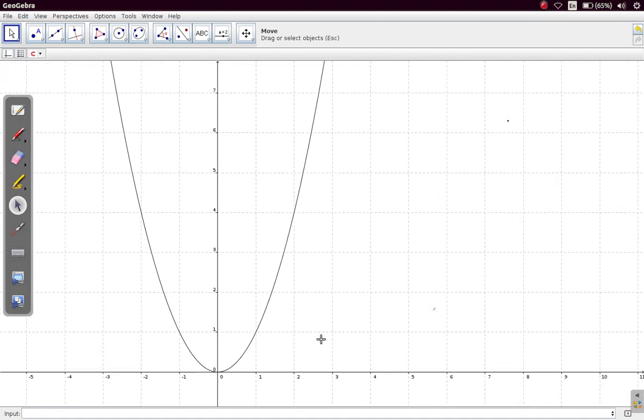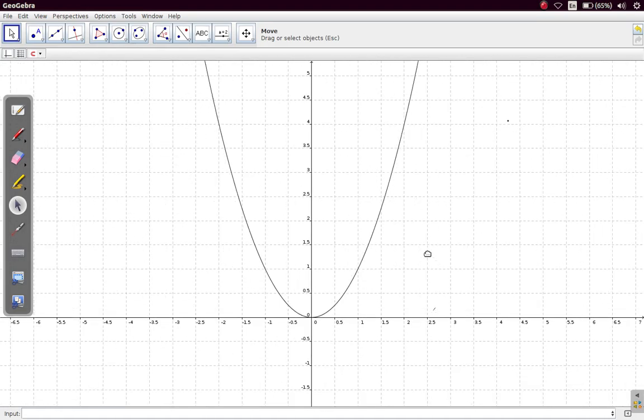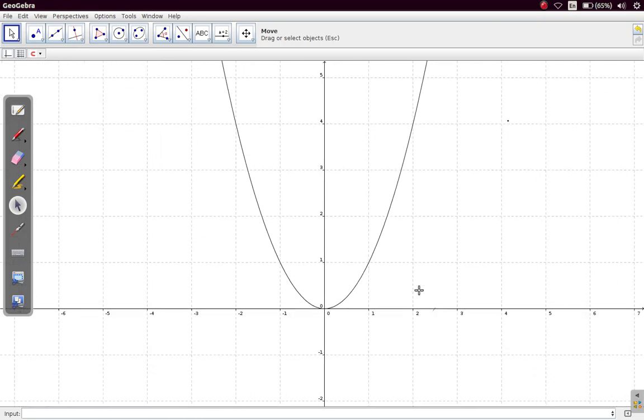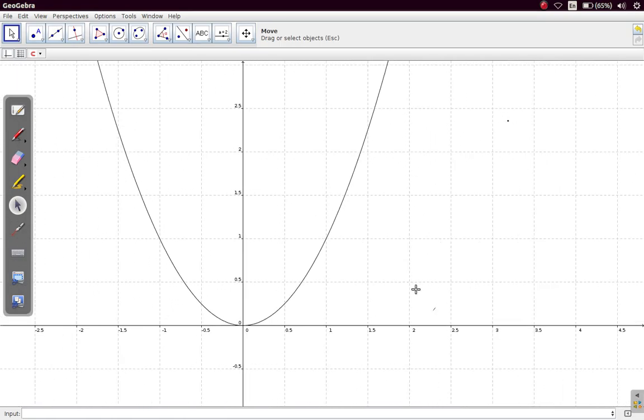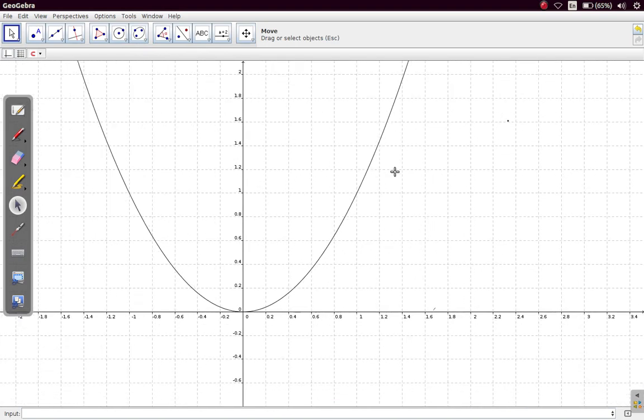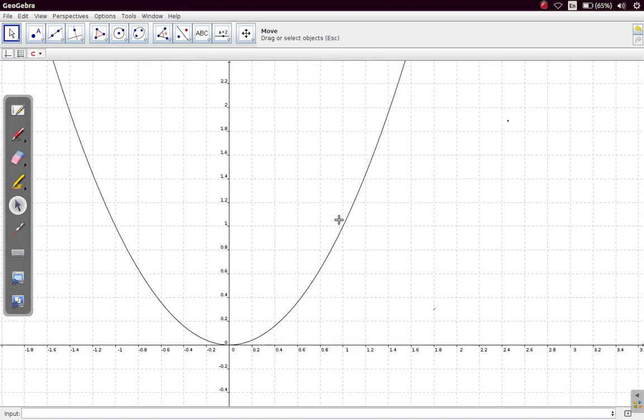Now, one application of differentiation is to find the gradient of this graph at a particular point. Suppose we want to find the gradient of the graph at x equal 1.